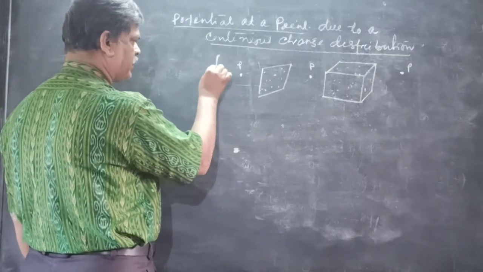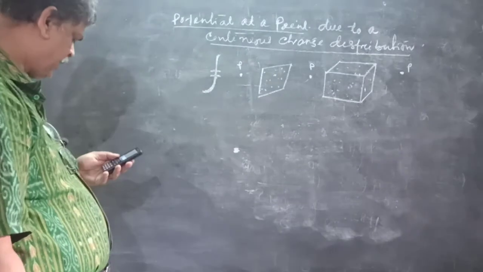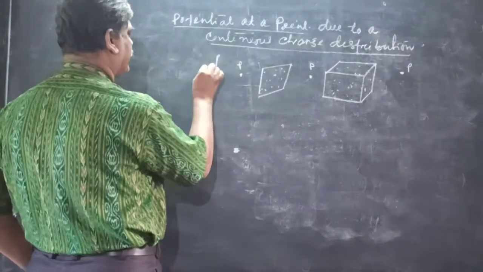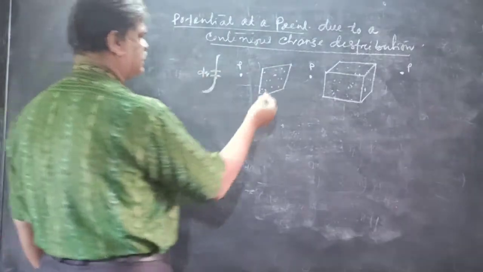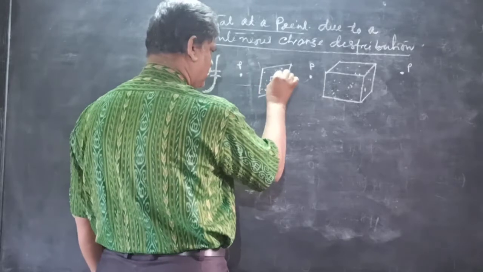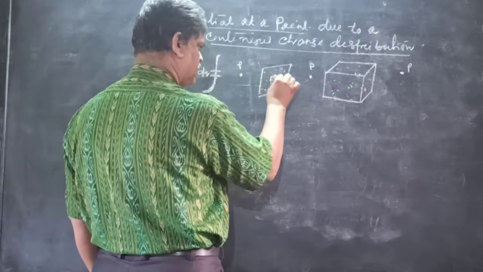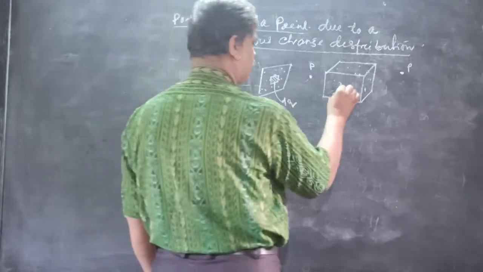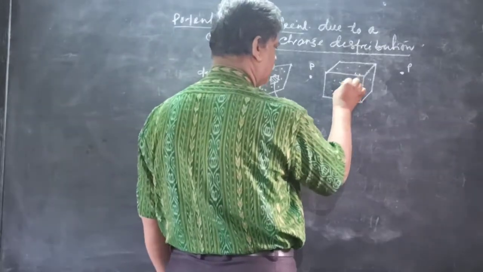Let its charge be dq. Similarly, we consider a small element of the surface with charge dq, and a small volume. Clear?